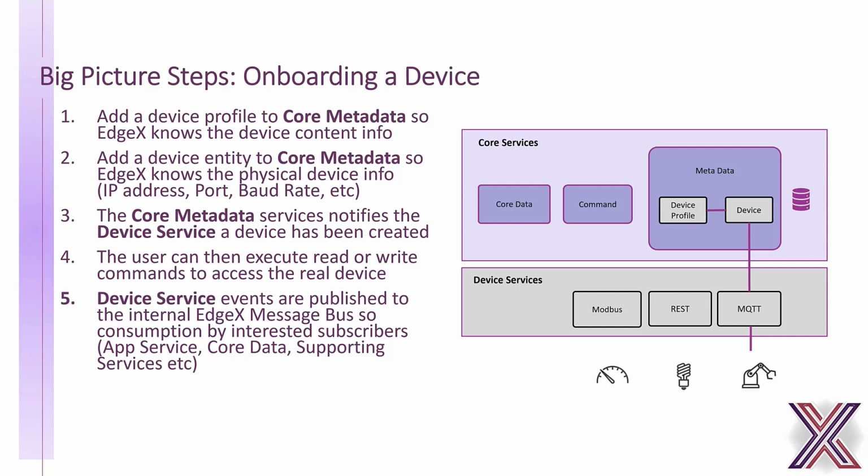And at that point, the user can access or execute read and write commands to really get the data from that device. And finally, the device service events are published onto the internal EdgeX message bus, where they can be consumed by the interested subscribers. They might be EdgeX app services or the core data service or the supporting services and so on.